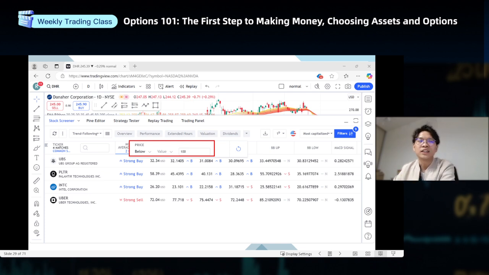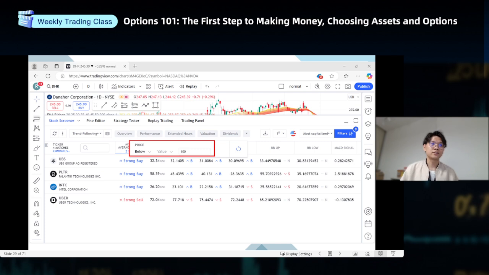Even though it may not always be true, it's highly likely to have some relationship. Shares that are more expensive will likely have higher option prices also. So I will put in the filter because as a beginner, we want to start cheap, with a lower cost.